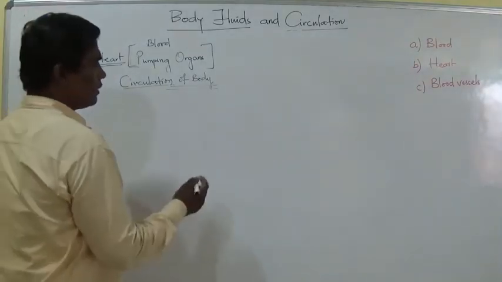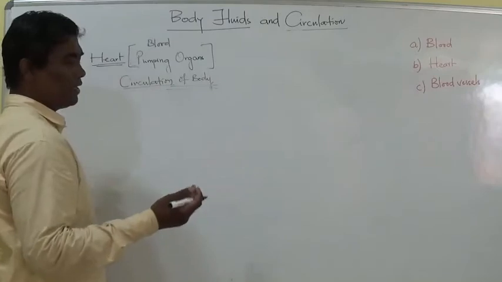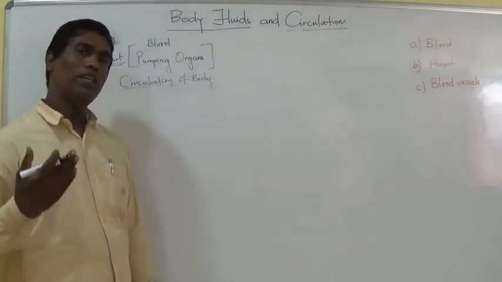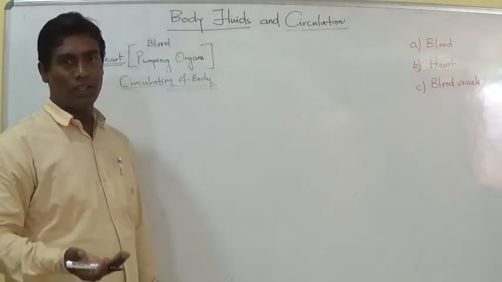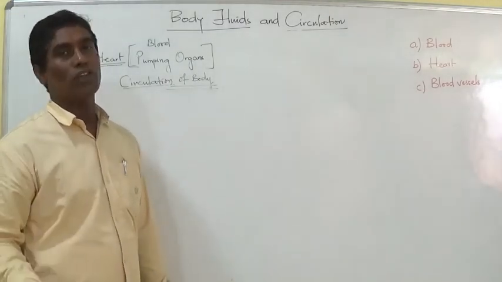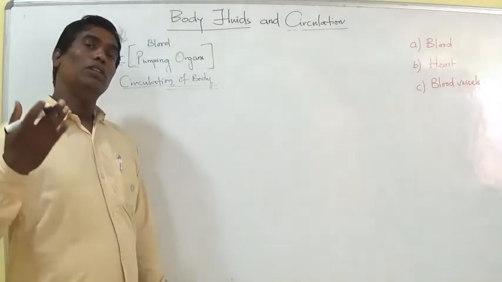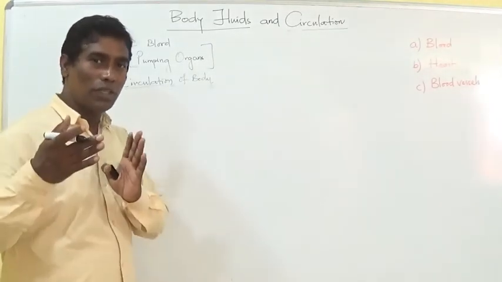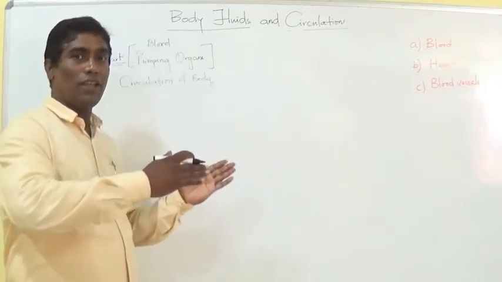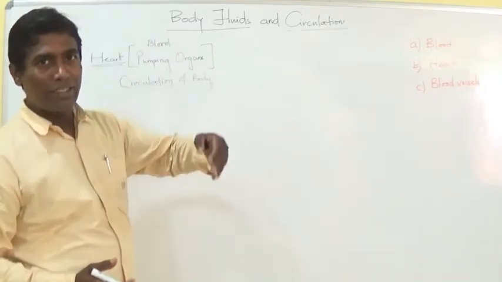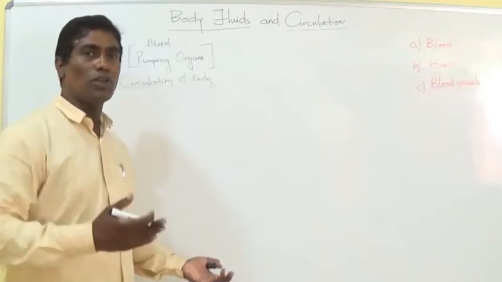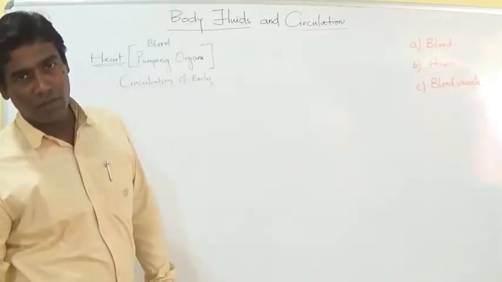So how it takes place in the case of human beings is our present topic to be discussed. As I mentioned earlier, the impure or deoxygenated blood from various parts of the body is sent to the heart. But how does the processing take place, how does the deoxygenated blood from the heart reach the lungs, how is it sent back to the heart after oxygenation, and how does this oxygenated blood move to various parts of the body?